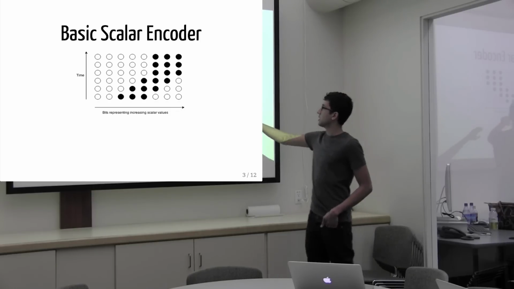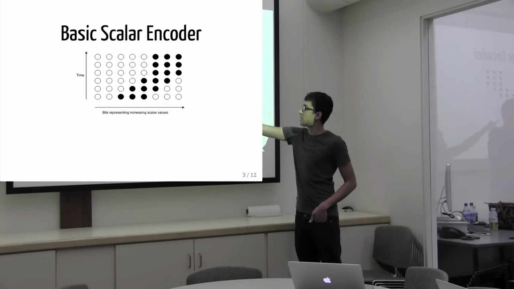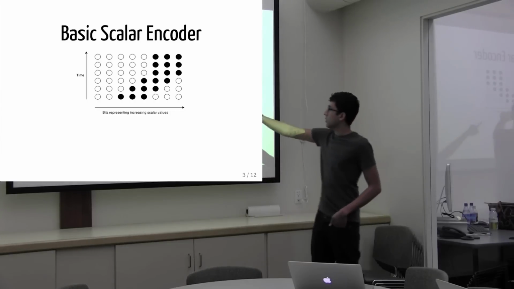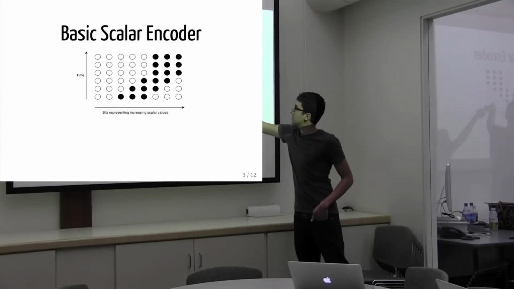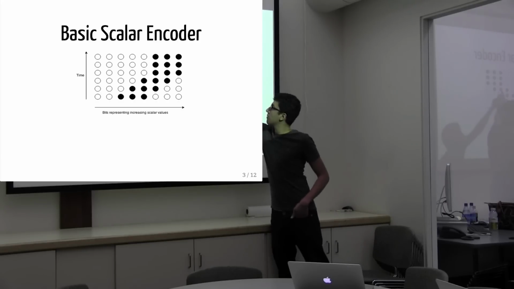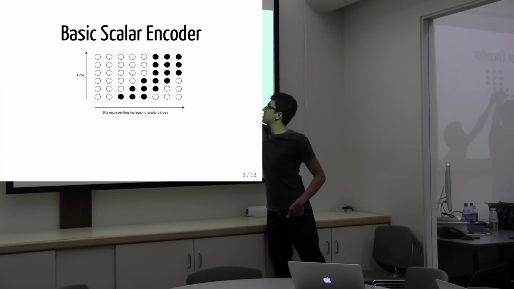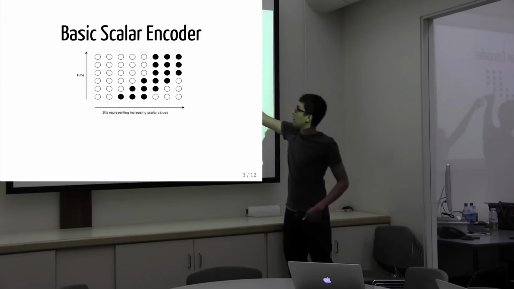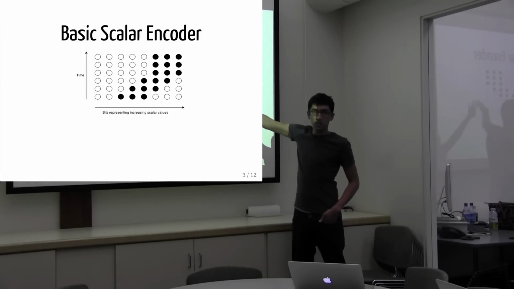The problem with this is that, notice you have to specify the min and the max for what scalar values you want to represent. And when you hit the max, so let's say the max is 7, so this is 3, 4, 5, 6. Any value beyond 6, like 7, 8, 9, 10, they all end up saturating the right edge, and they end up being represented with the same bucket.